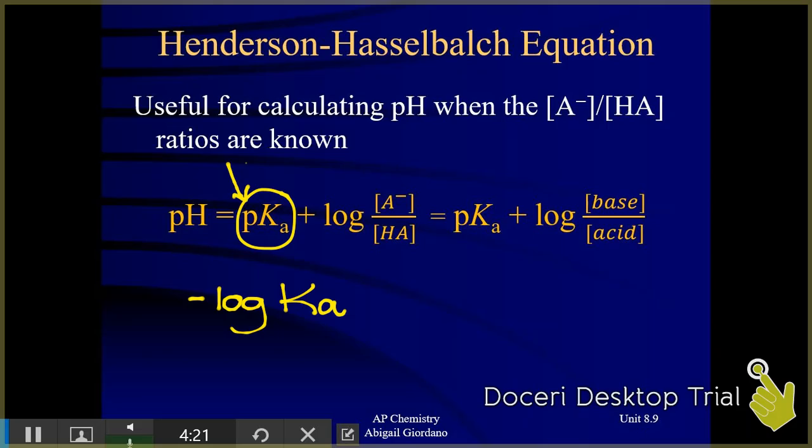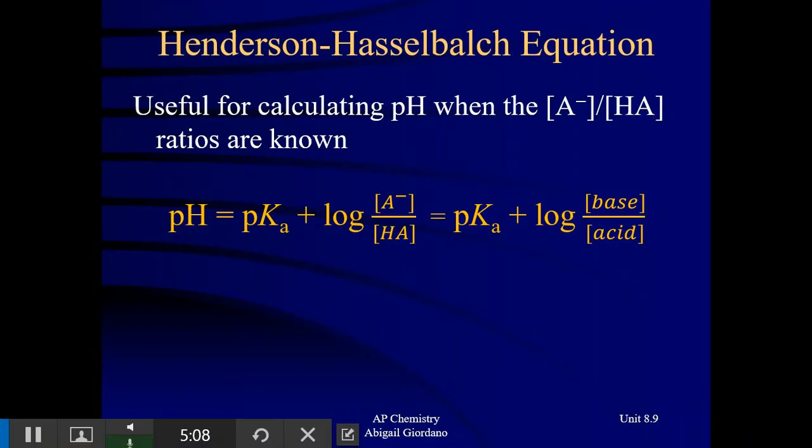If you were to forget what pKa is, ladies and gentlemen, it is written on your equation sheet right underneath this Henderson-Hasselbalch equation. By the way, since that name takes so long to say, I am from now on going to refer to it as the Hendy-Haas equation. It's just quicker to say.